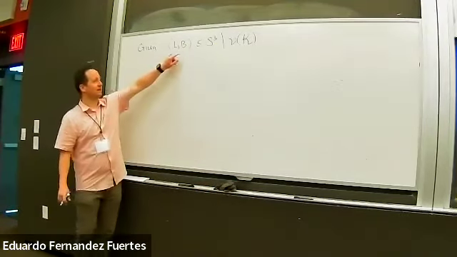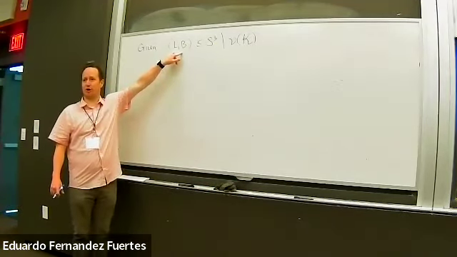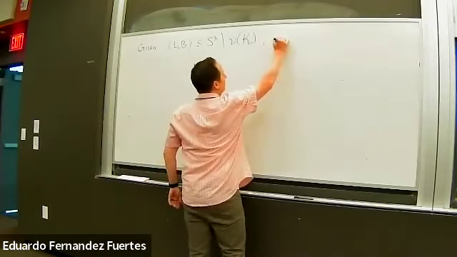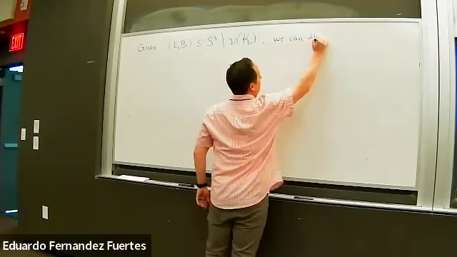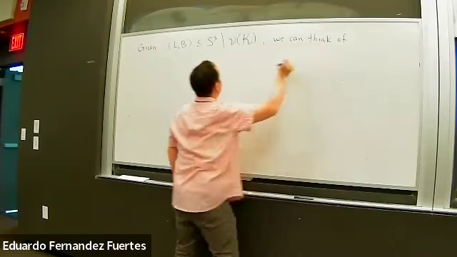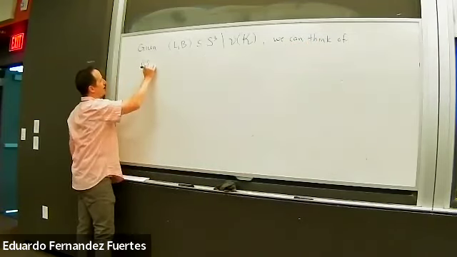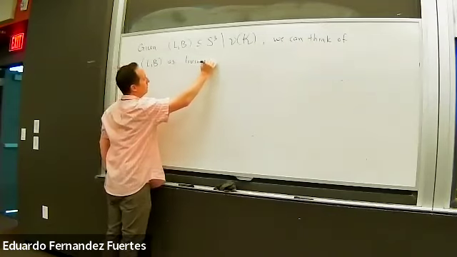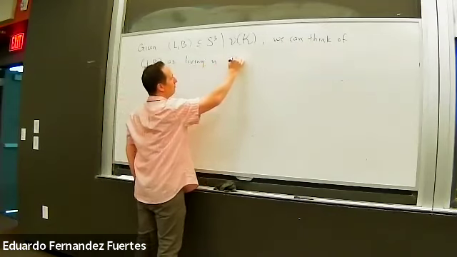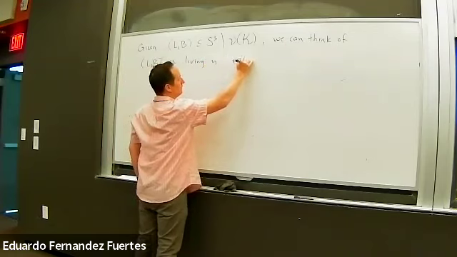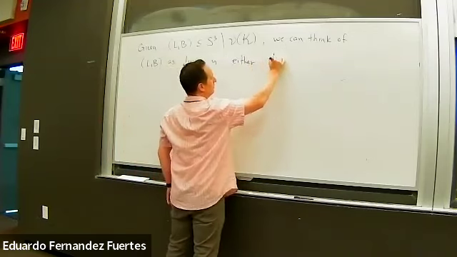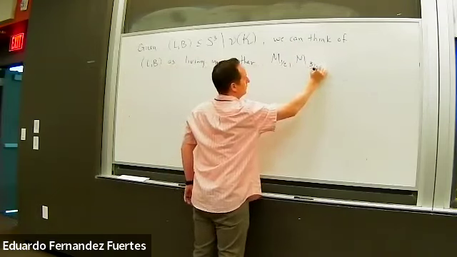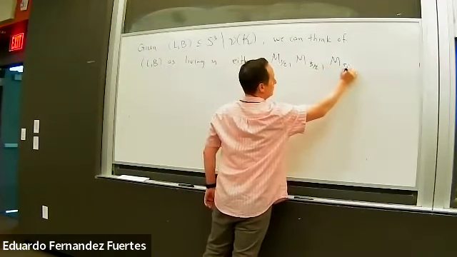So as long as this thing lives in the complement of a tubular neighborhood of our Kirby diagram in S3, we can think of L_B as living either in any of these levels.